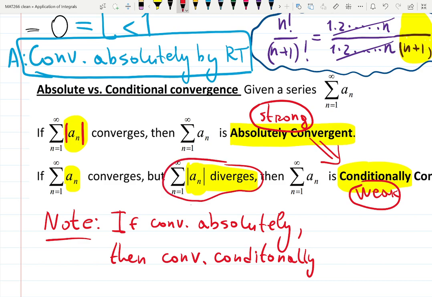Conditional convergence means it converges with the condition that absolute value does not converge. Absolute convergence means it converges both with absolute value and without absolute value. That is the idea. That's why one is called strong condition and another is called weak condition. Absolute convergence means absolute value converges. Conditional convergence means it converges with the condition that absolute value diverges. So let me show you this one.